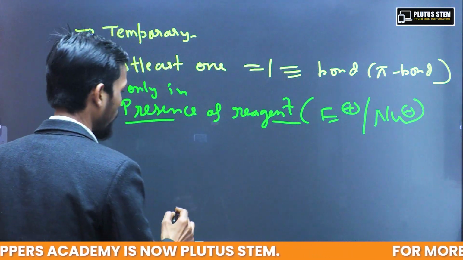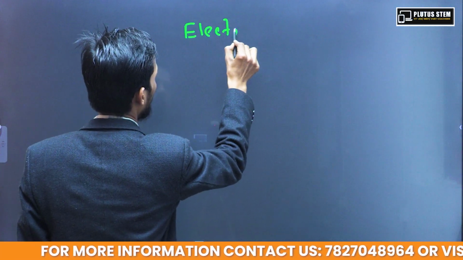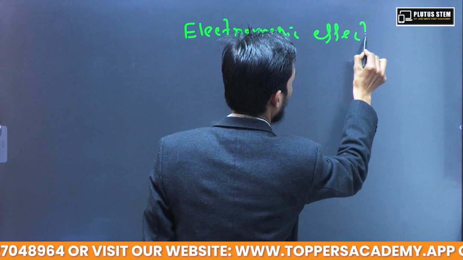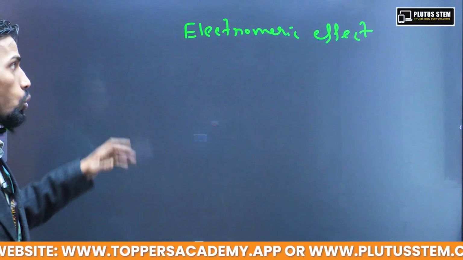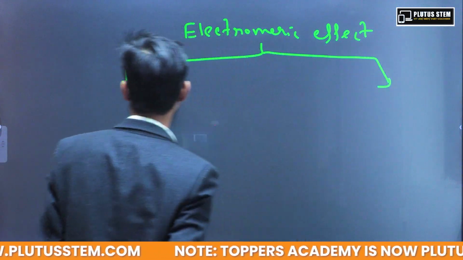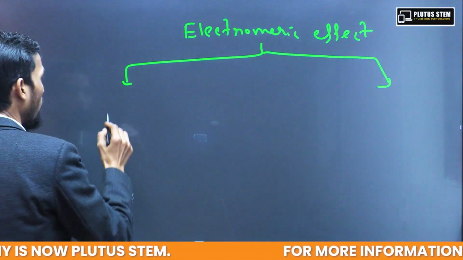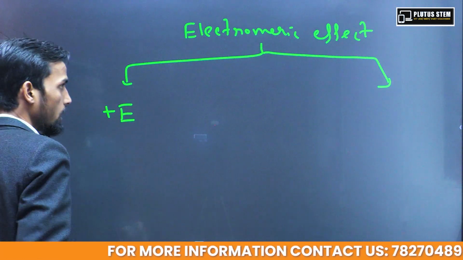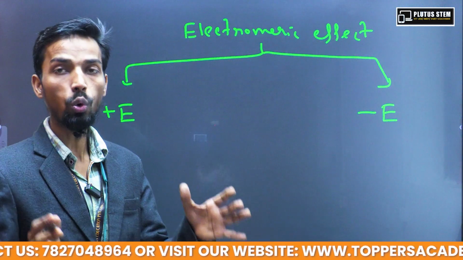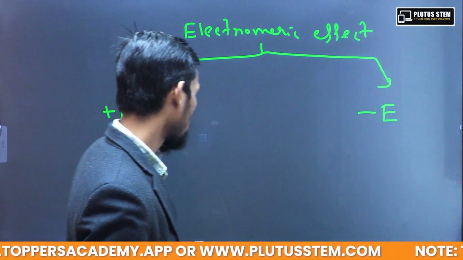This electromeric effect can also be classified into two classes, in the same way as we discussed in the inductive effect, plus I and minus I. Here the electromeric effect is represented as plus E and minus E. Two types of effect are there, plus electromeric effect and minus electromeric effect.